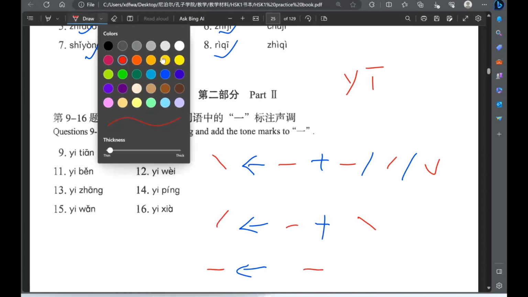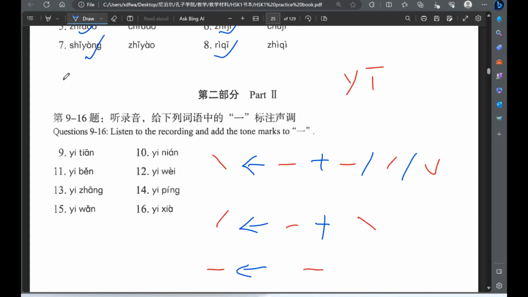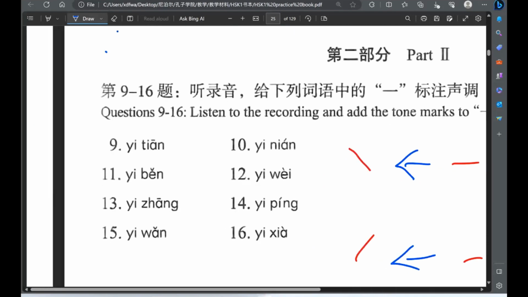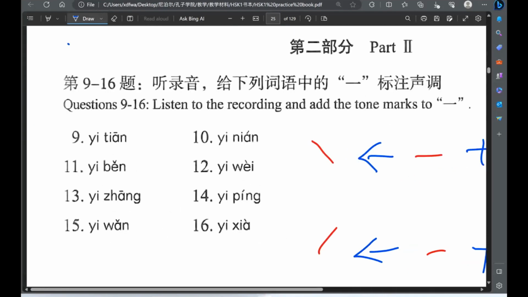Now let's come back to these words. When E is followed by a syllable in the first, second, and third tone, it changes into the fourth tone. First, let's find out the first, second, and third tone, which is number 9. So it changes into fourth tone.